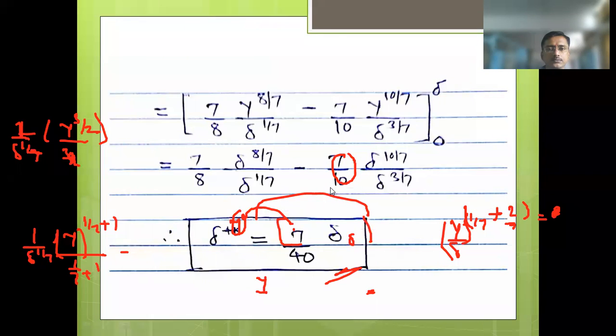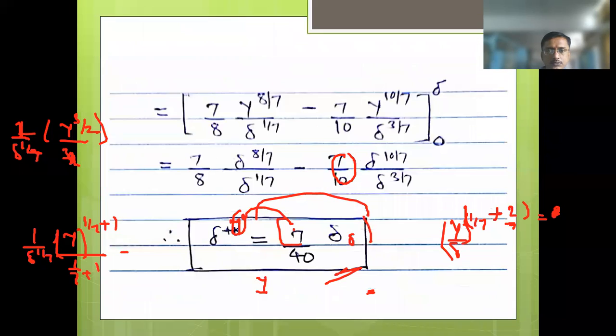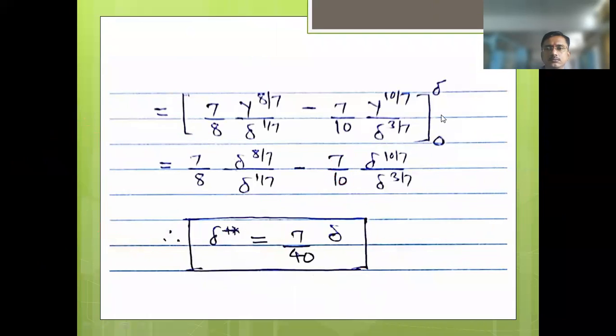You can see here, 1/7, I took 1/2. So this upper integration we will get here y^(8/7) del^(-1/7). Here y^(10/7) del^(-3/7).